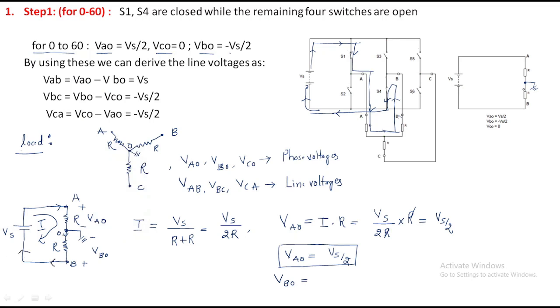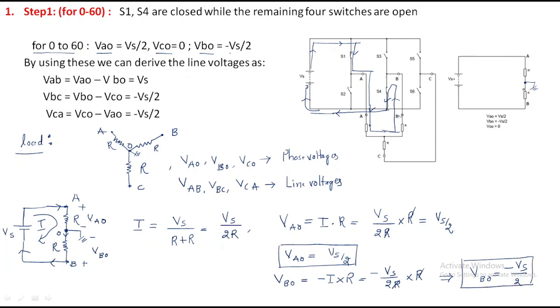Look here, the current is entering from the negative terminal, so you write the negative current times the resistance. Minus I, that is Vs by 2R, into R, and by that we get VB0 equal to minus Vs by 2.